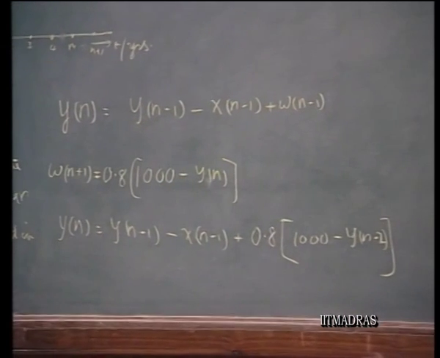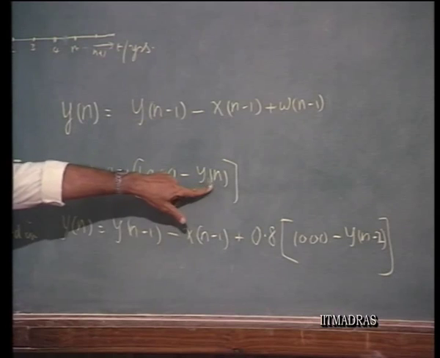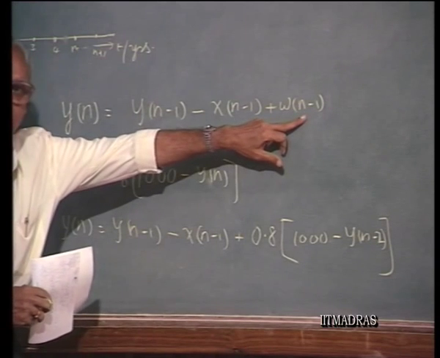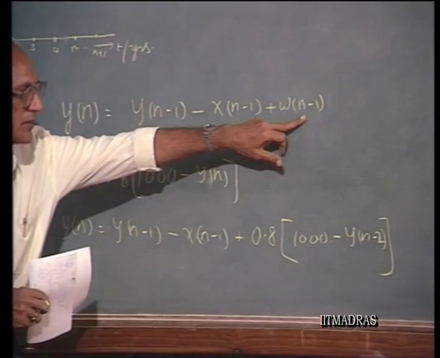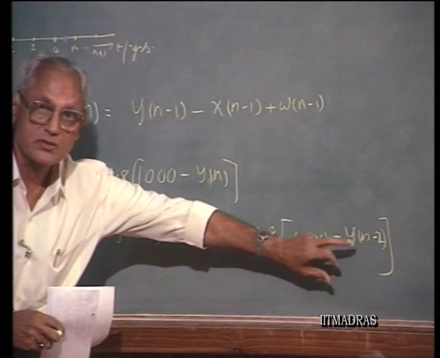Because the index n plus 1 has gone down by 2 steps, this must also go down by 2 steps. That means the persons recruited in the n minus 1th year will be based upon the number of people in position at the beginning of the n minus 2nd year.